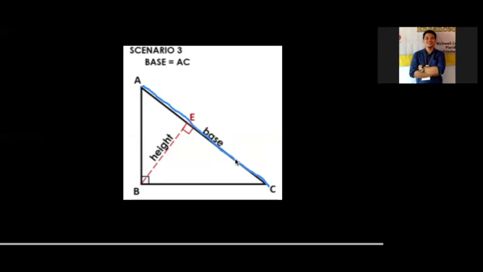We draw from vertex B a line that will be perpendicular to the base AC, and we name that point E. We can now say that BE is the height of triangle ABC if the base is AC. So those are three different scenarios that we can have for the base and height of triangle ABC.